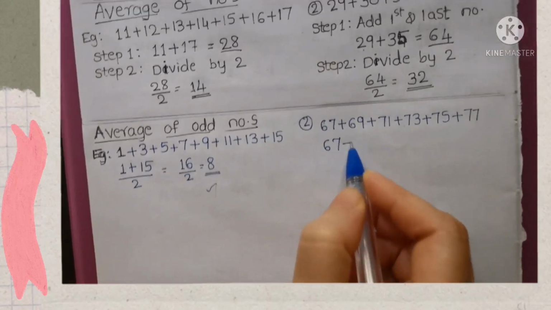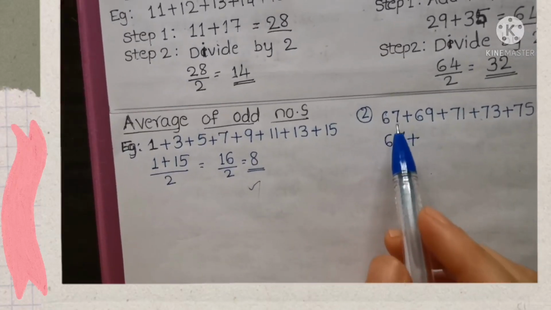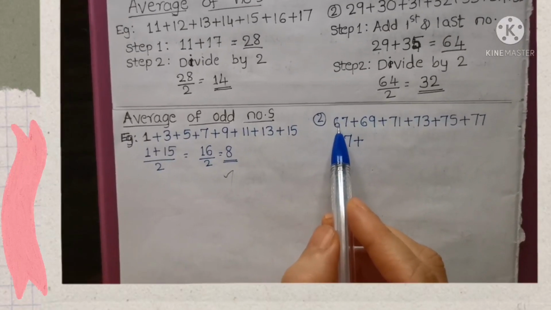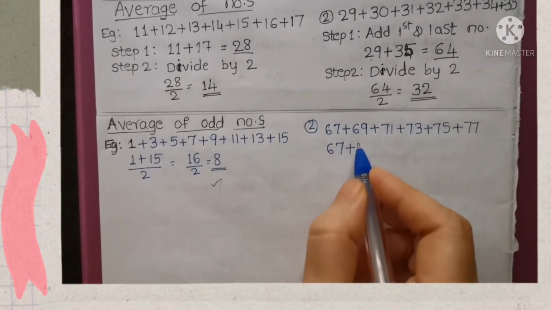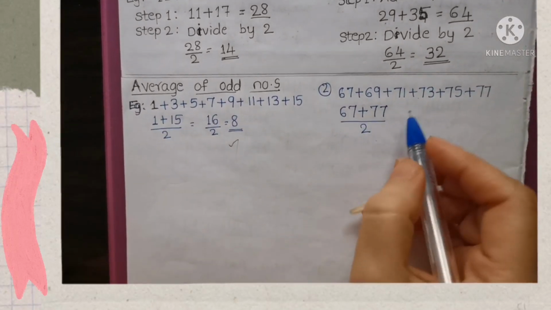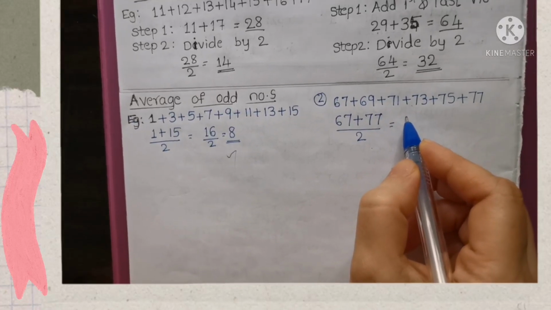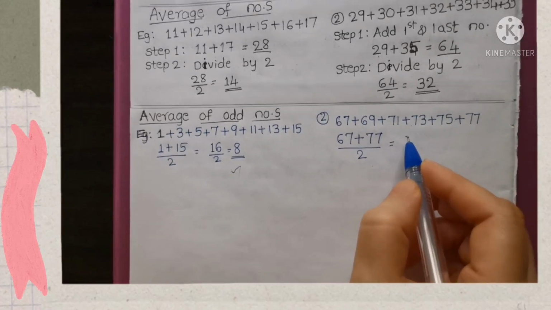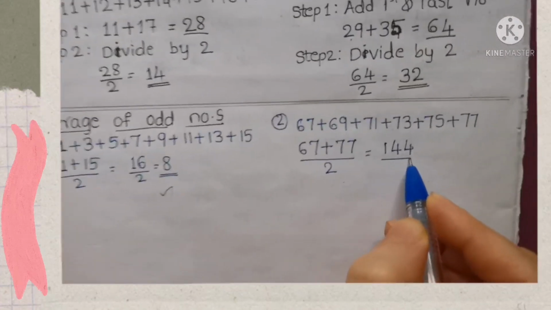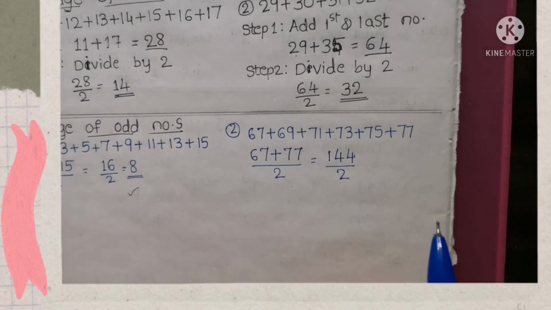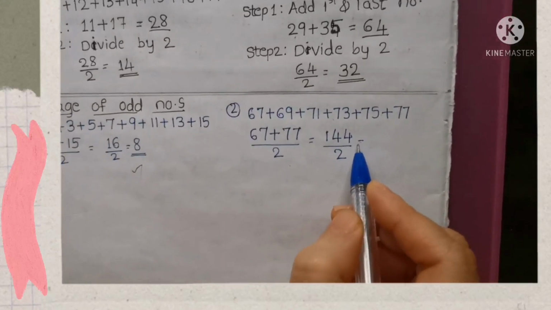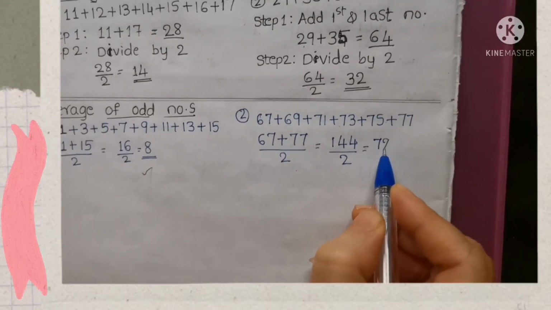As we saw in our first example, we have to add the first number and the last number, and adding both these numbers we get the answer as 144. And then we have to divide the answer by 2. Dividing 144 by 2 we get the answer as 72.